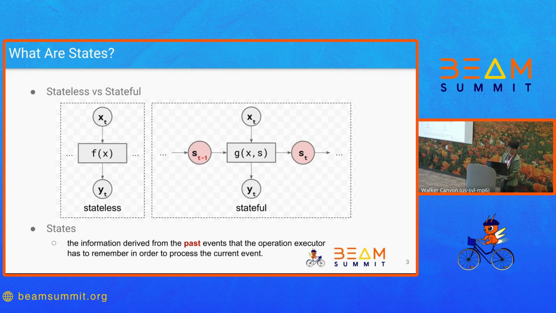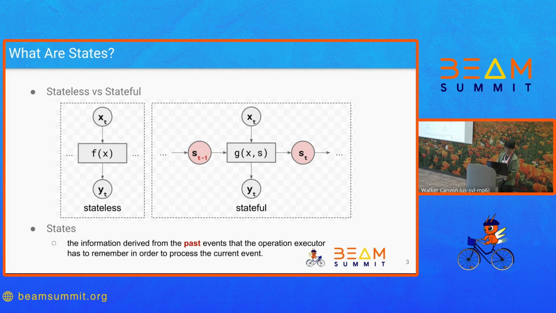To put things in a mathematical form, a stateless operation like f on the left can map an input x to the output y independently, while a stateful operation like g on the right takes the input x of the current time and another internal variable s from time t-1, and produces the output y and another version of the internal variable s_t.